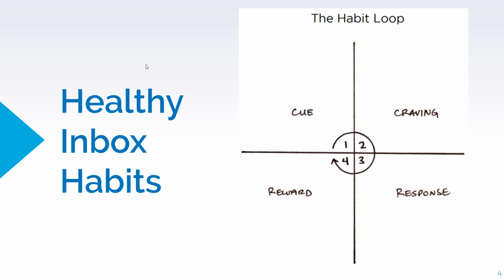So an example of this habit loop is anytime I walk by the pantry, that's my cue. And then my craving is, oh, wait a minute, I think there's still some Girl Scout cookies in there that are left over. And so my response is to open the pantry, and my reward is a delicious Thin Mint, right? And so that's the habit loop, the cue, craving, response, reward.